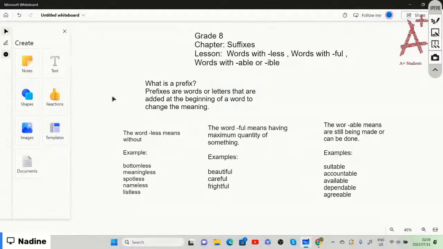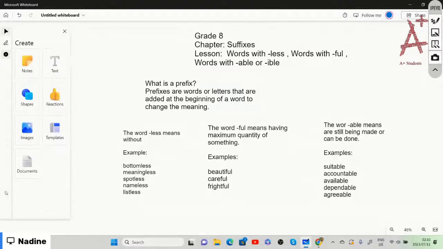We are going to be focusing on words with less, words with full, words with able or ible.